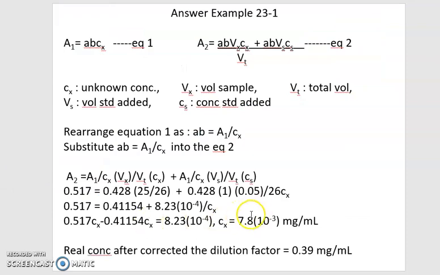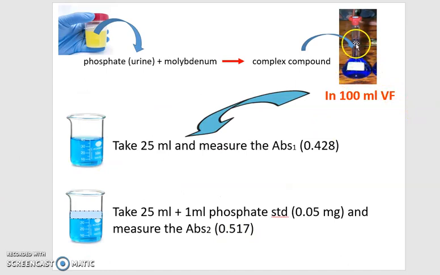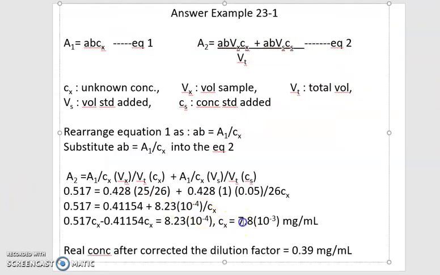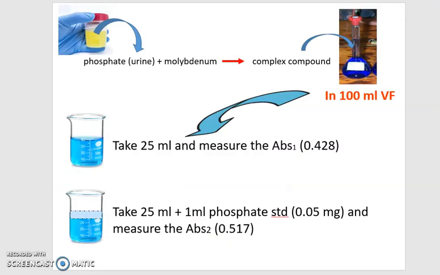This concentration is similarly in 100 ml, because from the 100 ml to 25 ml there is no dilution. Therefore, the concentration of phosphate here represents both the 25 ml as well as the 100 ml.